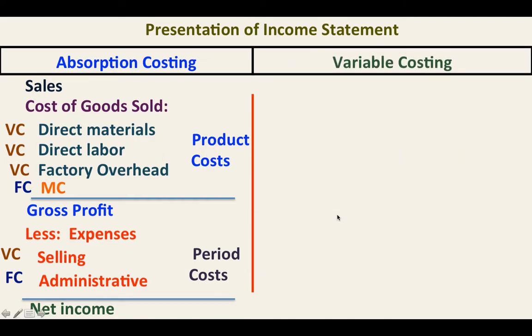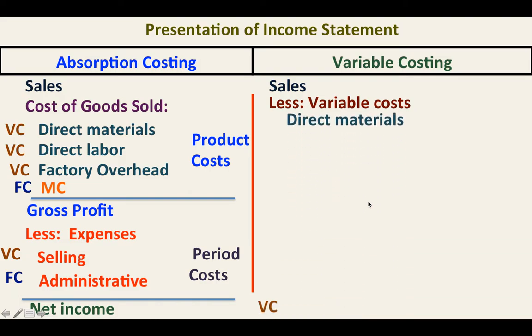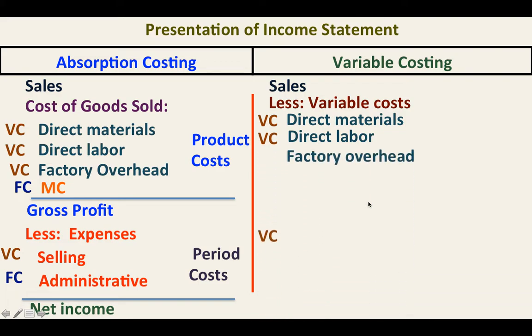So variable costing class, it will still be sales. Ang ililess natin will only be the variable cost, less variable cost. So ano yung mga variable cost? We have the direct material, which is the variable cost, direct labor, which is a variable cost, and factory overhead na variable cost component. Okay? And class, okay?